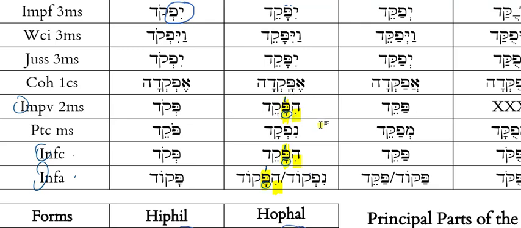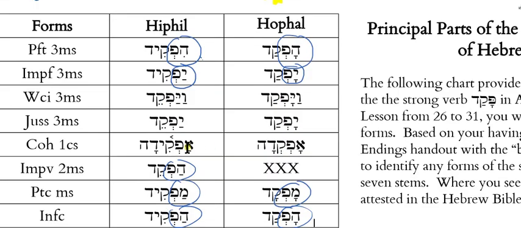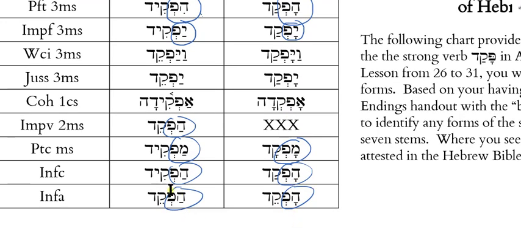Okay, that's good. If you go to the hifil and the hofal's heys, there's never a dagesh forte in the root 1 of your hifil and hofal hey forms. Okay, so they never put doubling dots there.